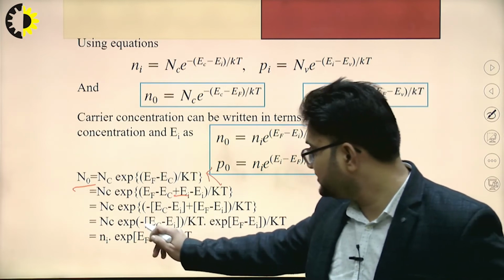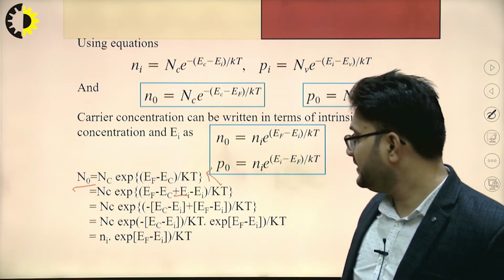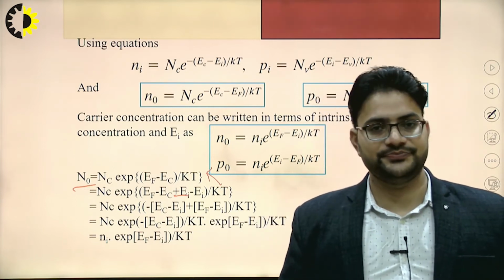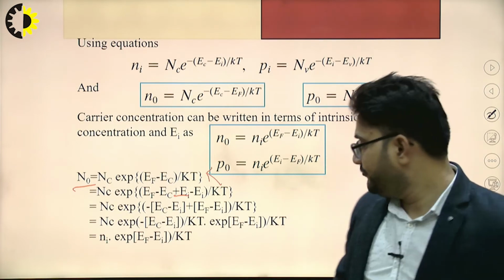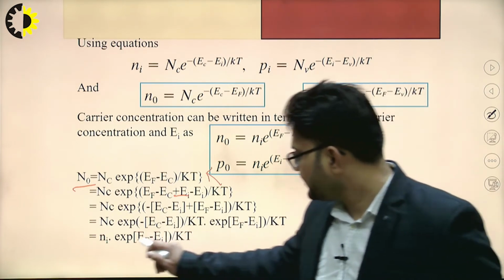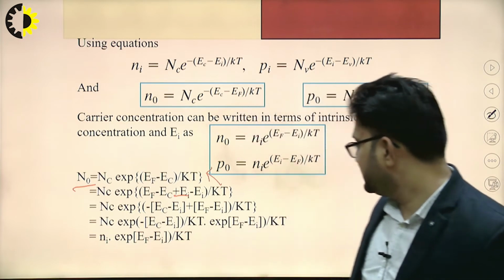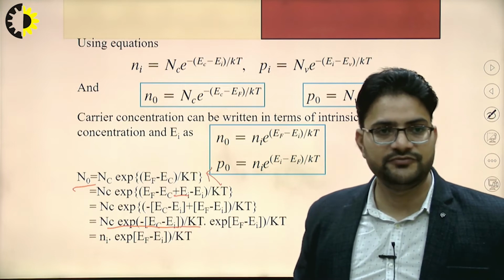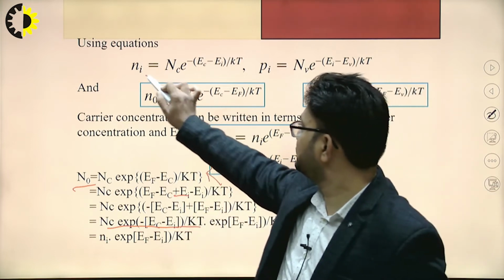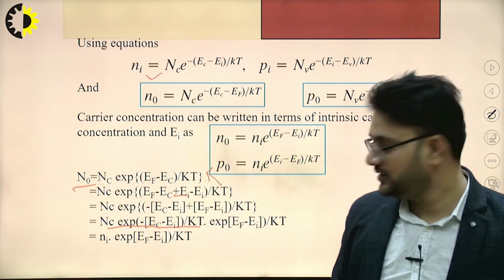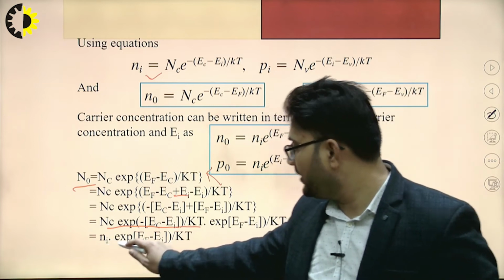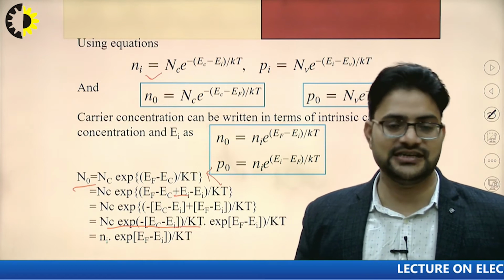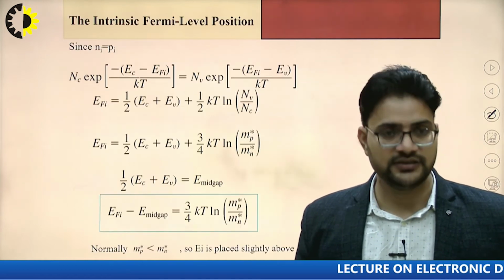So exponential of minus Ec minus Ei divided by kT, multiplied by exponential of Ef minus Ei divided by kT, which is equal to, see, this term is actually Ni, which you had written over here also, if you see carefully. So n naught will be equal to Ni exponential of Ef minus Ei divided by kT. So this is the relation that we have got from this.